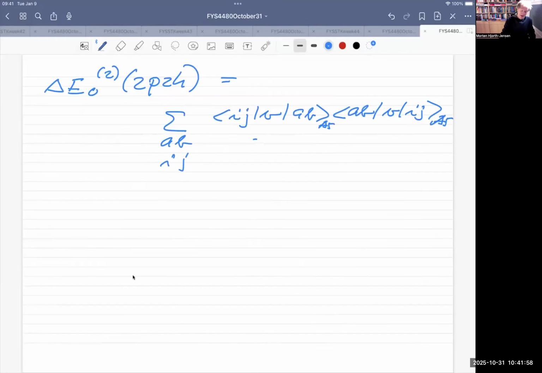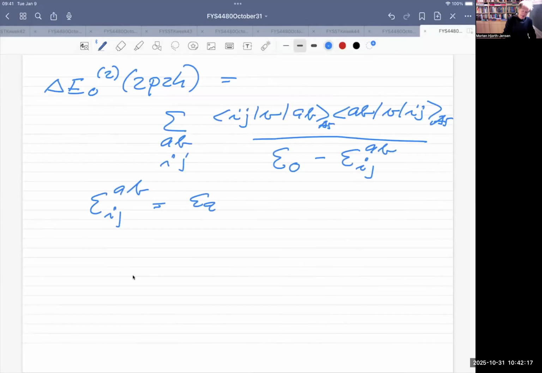anti-symmetrized, and then it contains the denominator, which is now given by the non-interacting energies of the ground state minus the non-interacting energies of the two particle, two hole state. So if I take the two particle, two hole state, that is going to be equal to epsilon A. So hopefully you can see that this guy here is supposed to be an uppercase letter, and this is going to be a lowercase letter.